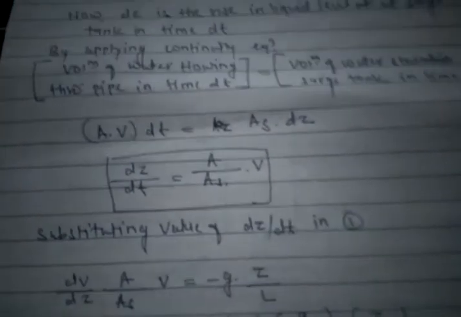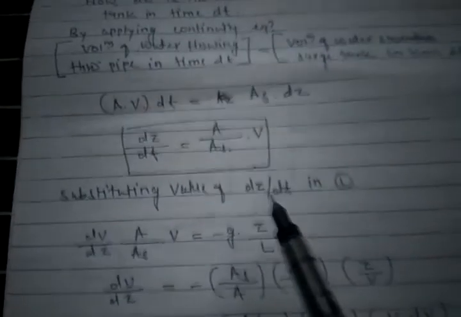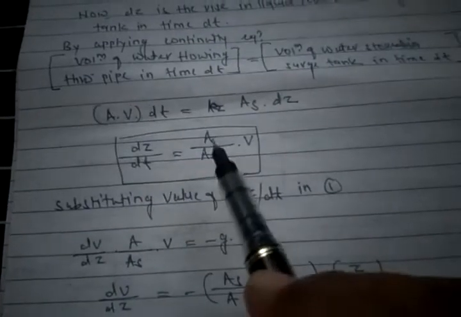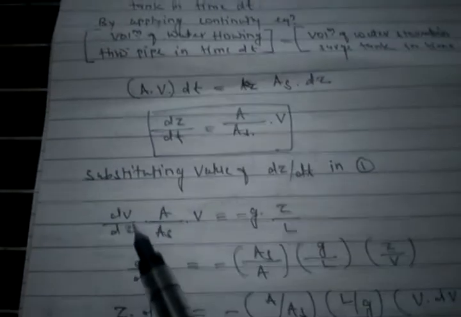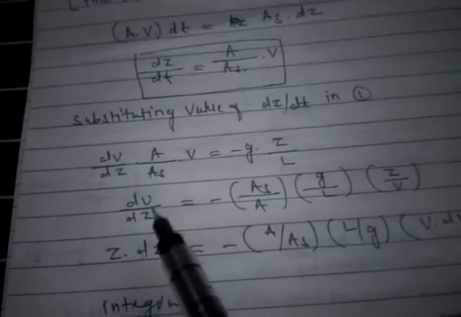Upon rearranging, dZ by dt is equal to A by AS into V. Substituting this value of dZ by dt in the above equation, we get dV by dZ into A by AS into V equals minus g into Z by L. Now I am interested in dV by dZ.